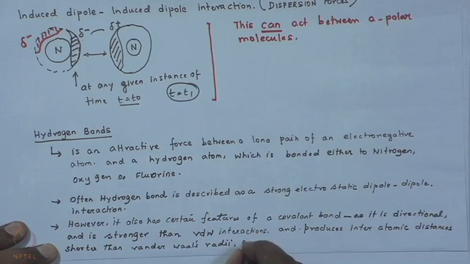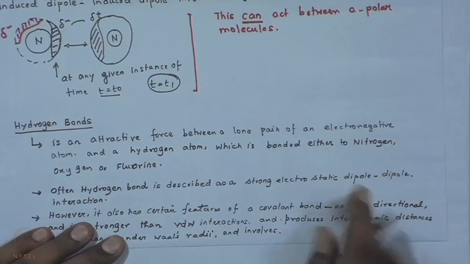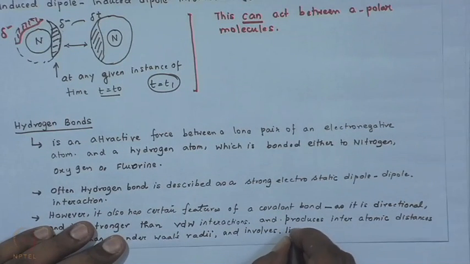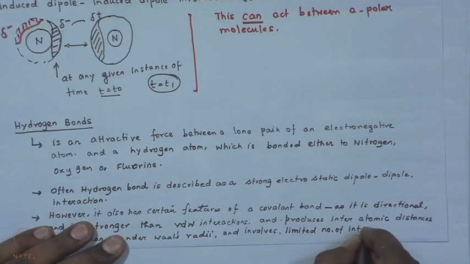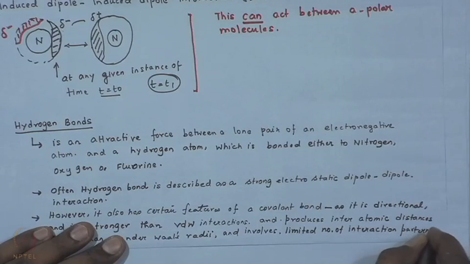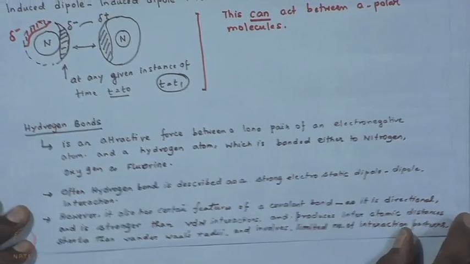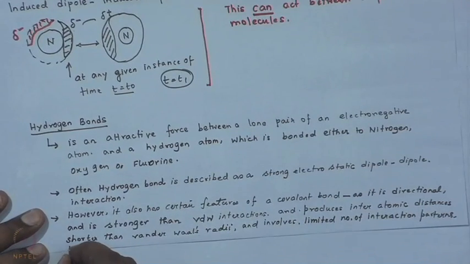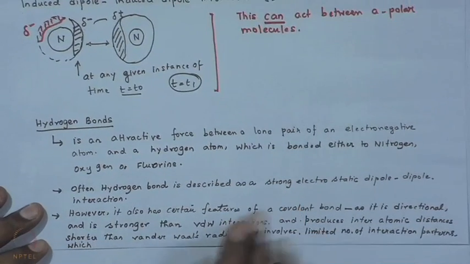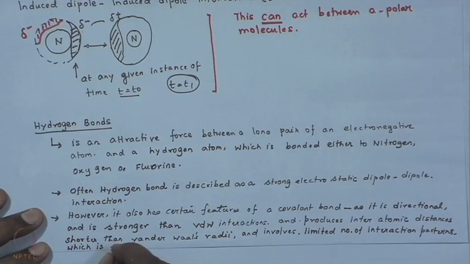It also involves a limited number of interaction partners, which is similar to some sort of valency.